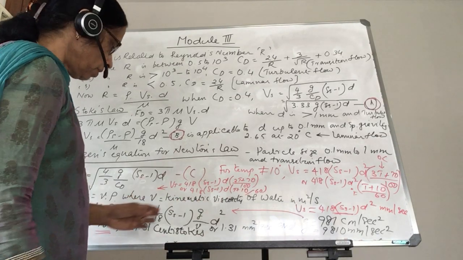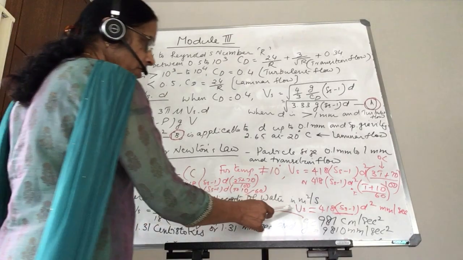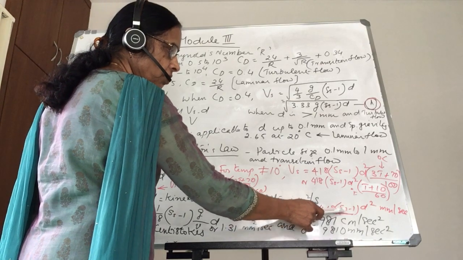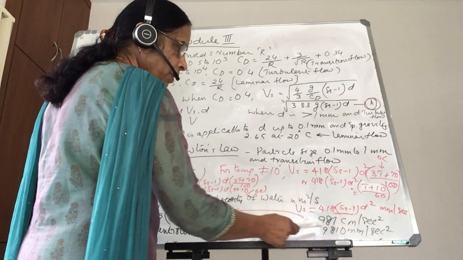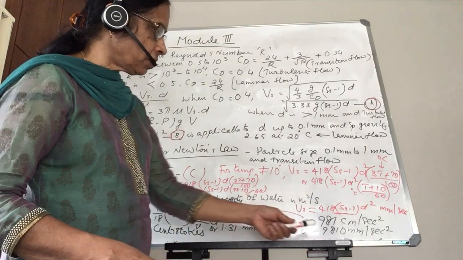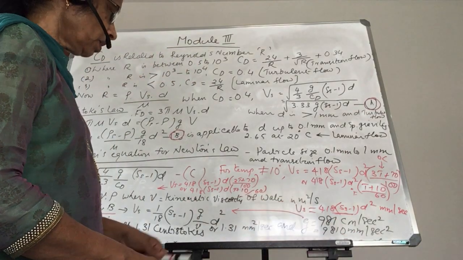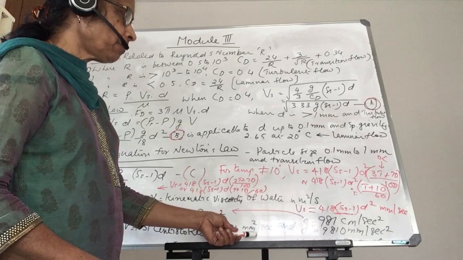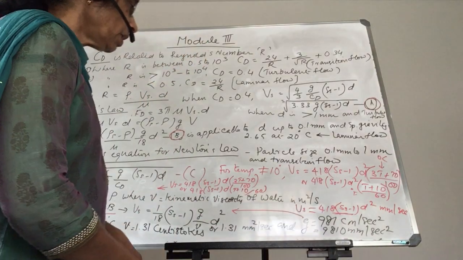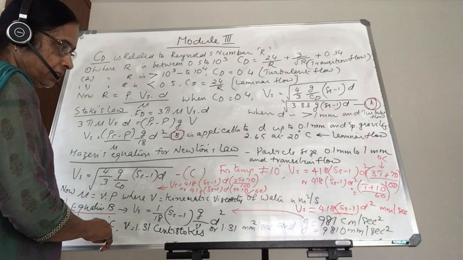Then you put the value again in this equation, and you will get Vs equals 418 into (Ss minus 1) into D squared. Here we have taken the value of G as 9810 mm per second squared, since it is mm squared per second. This equation is applicable when the temperature is 10 degrees centigrade.